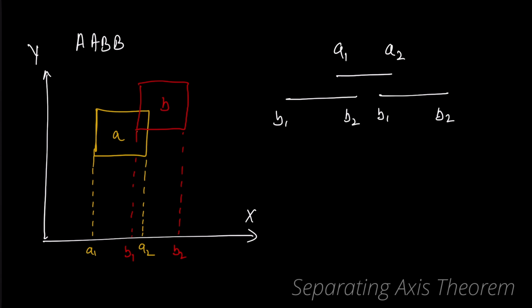Now, we can just do a simple check that if either A2 is greater than B1, and also A1 is less than B2, we cover both of these cases, right?